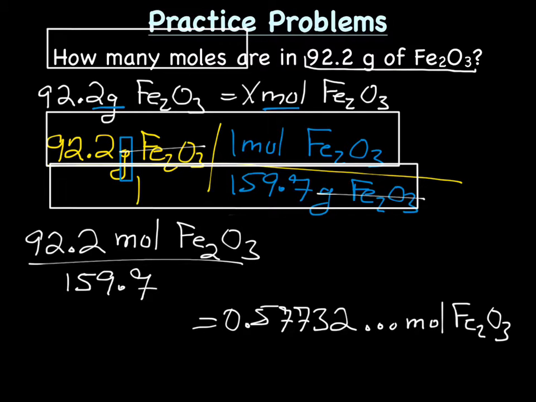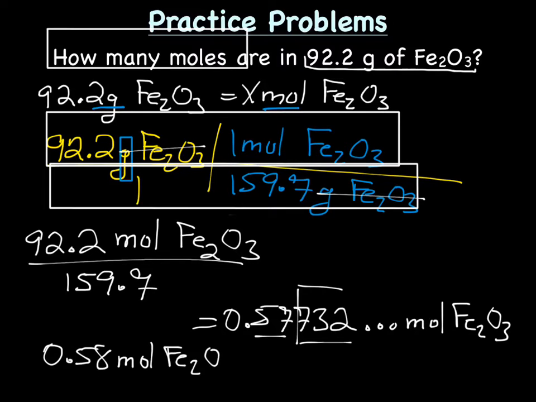And if I want just 2 non-zero digits after the decimal, I can keep the 0.5 and 7. Since this 7 here that I'm dropping is 5 or bigger, that will round up to 0.58. So my final answer is 0.58 mole Fe2O3.